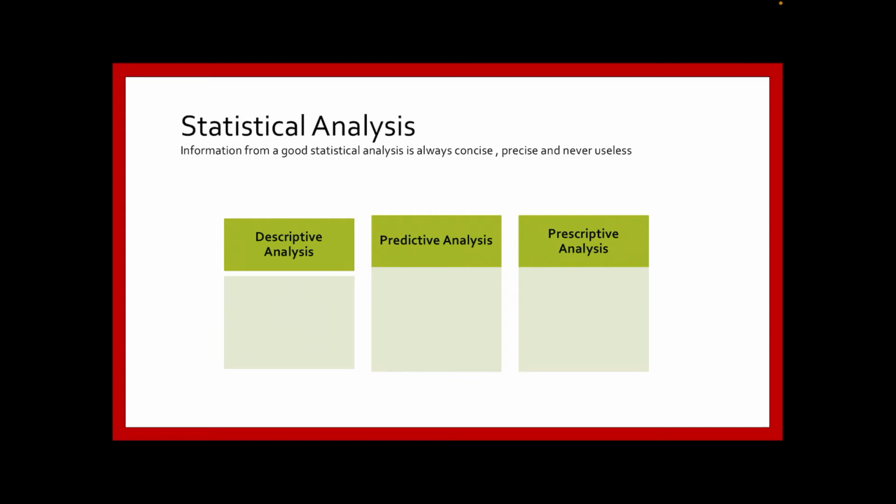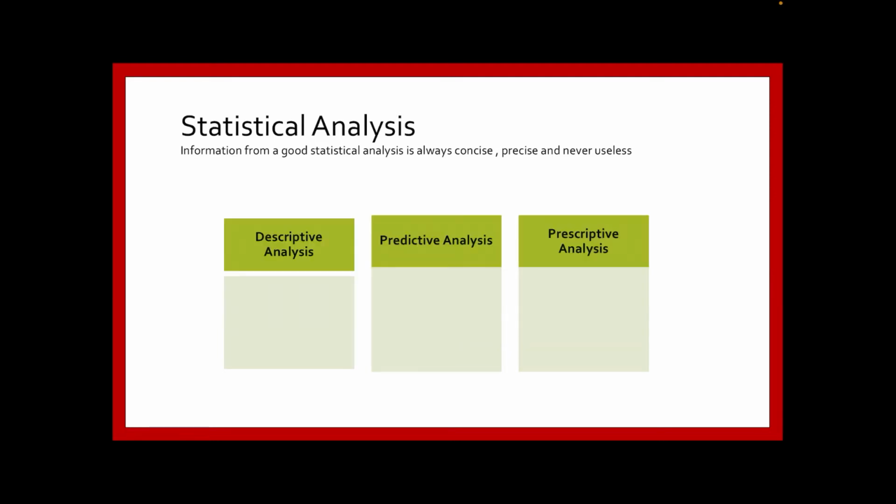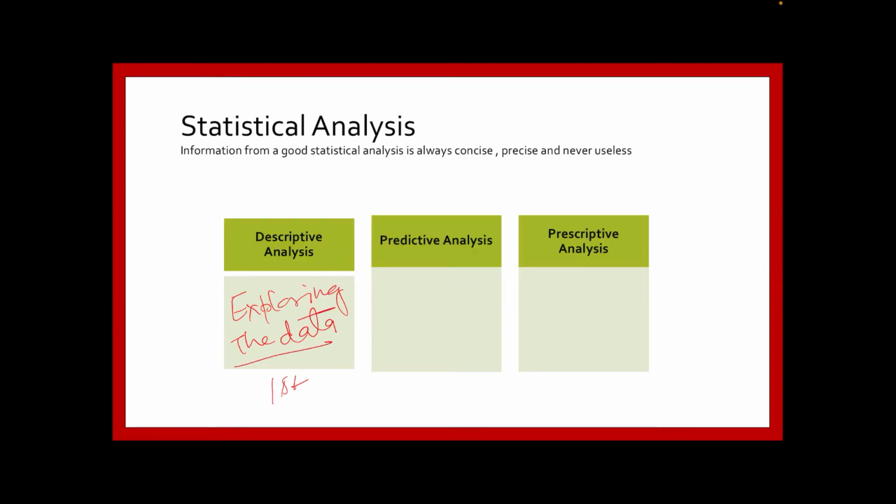So now come to statistical analysis. Statistical analysis is mainly of three types: descriptive analysis, predictive analysis, and prescriptive analysis. What comes in descriptive analysis? Descriptive analysis is the very first step when we are doing any kind of analysis. Here we are exploring the data and getting an understanding.